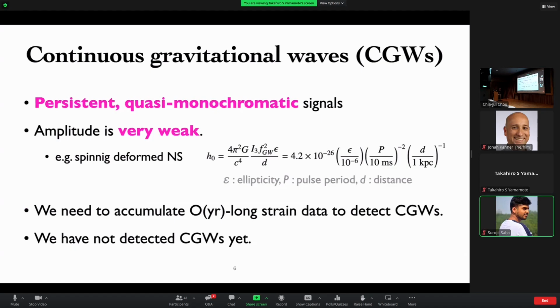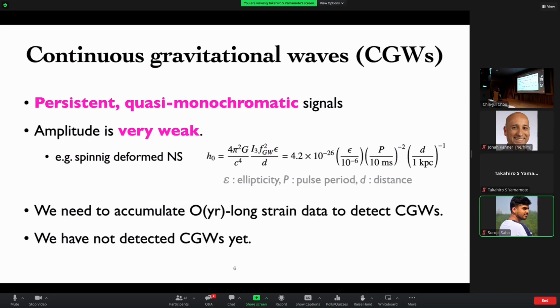It is a persistent, long duration, quasi-monochromatic signal. It means a very stable frequency, but with a slight frequency change rate. And the amplitude is quite small.